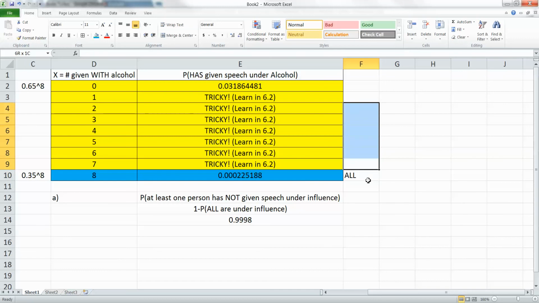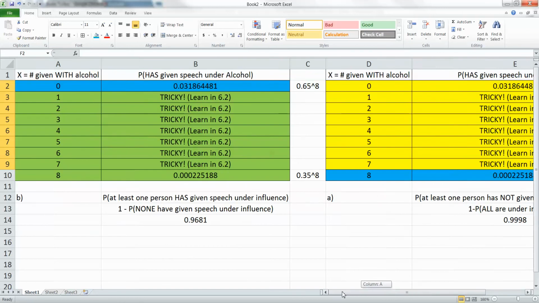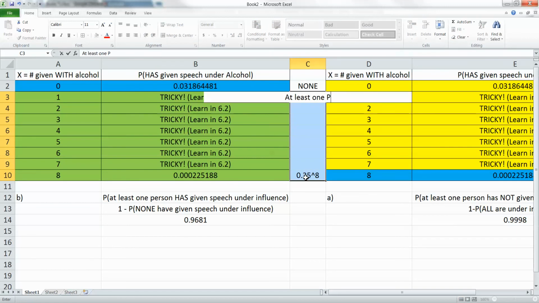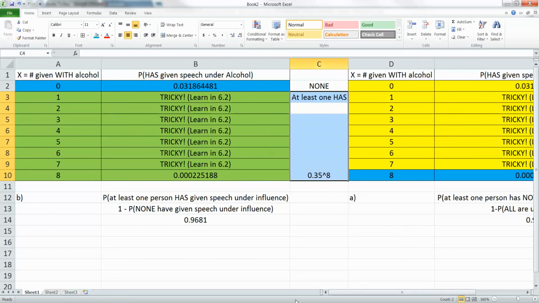So these ones are all the at least one not. That's negative, so you go for the opposite. And then this is none, and the complement of that is all the rest of these, which are at least 1 has, positive, right? That's another way to think of it, kind of logically speaking. All right, I hope that helps.